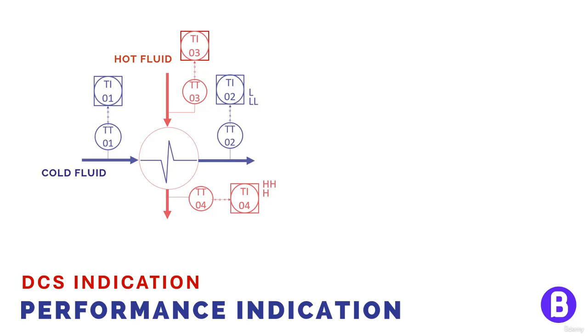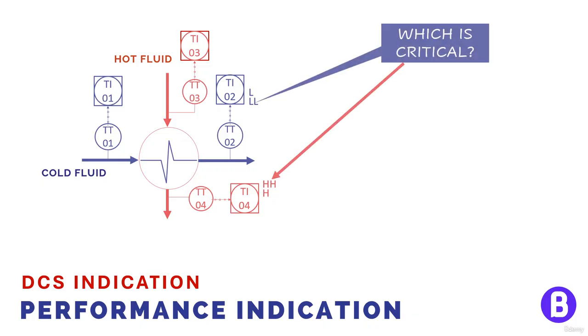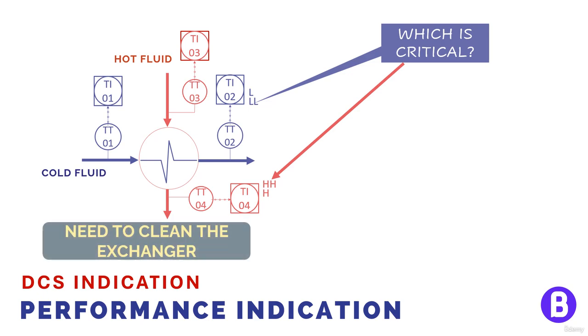We may not need to add alarms on each side of the exchanger. This depends on the criticality of the case. But we can add it when we target an exact temperature and we don't want deviations from this temperature. As the exchanger gets fouled with time, the temperature starts to deviate from the required outlet temperature, whether it is higher or lower, which means that the exchanger's performance is starting to decrease.